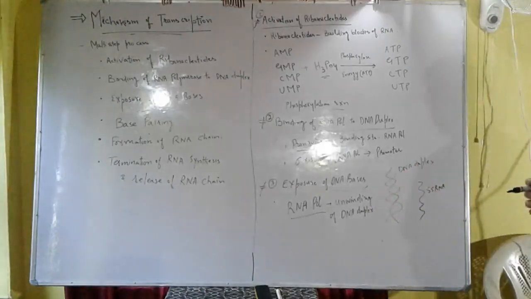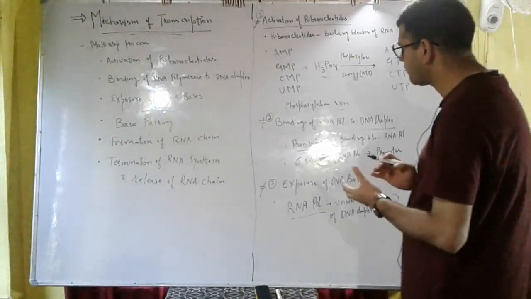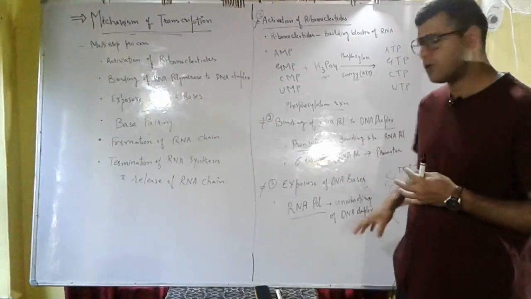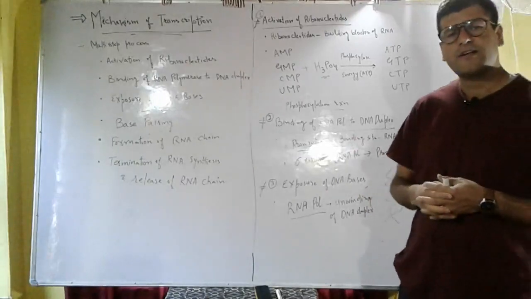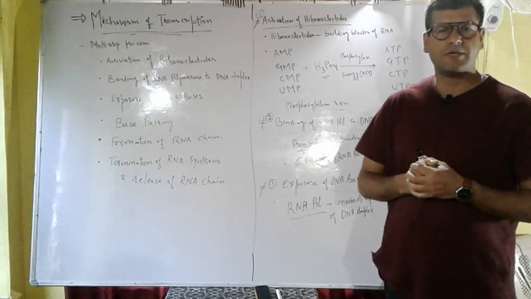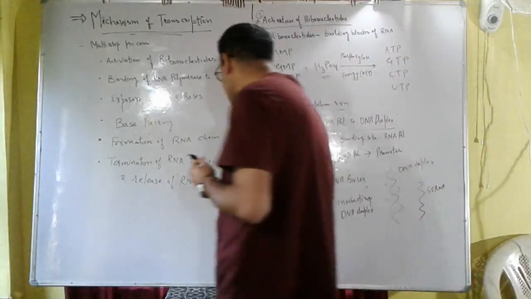It is necessary to separate the two strands of the DNA because RNA is single-stranded, which means only one strand of the DNA will act as a template for the synthesis of the RNA.